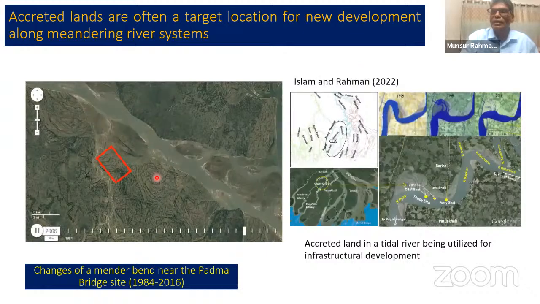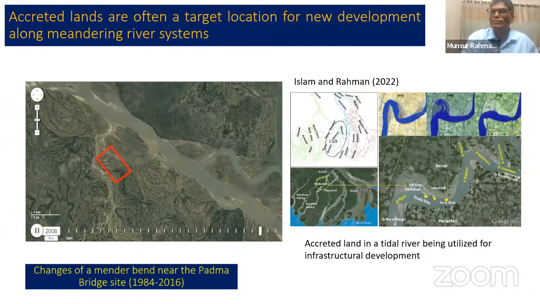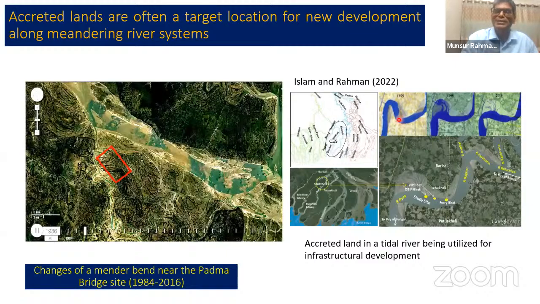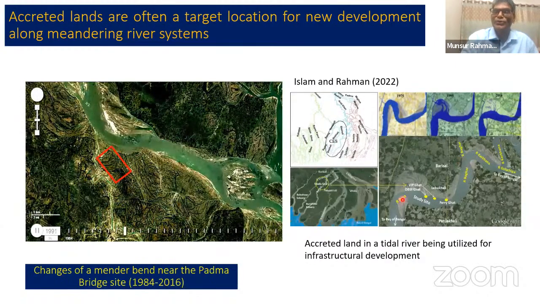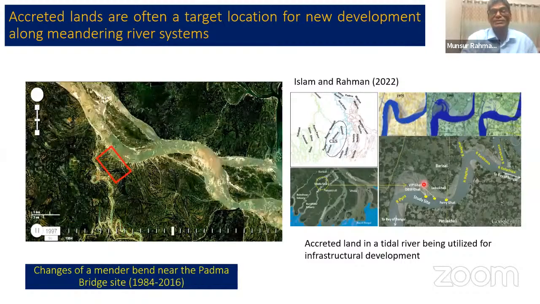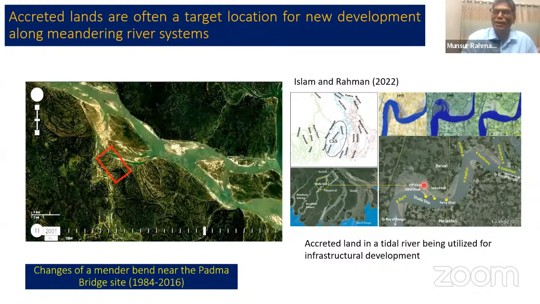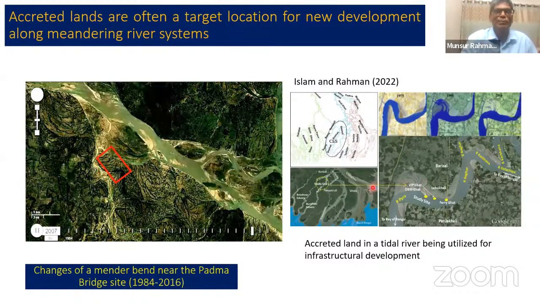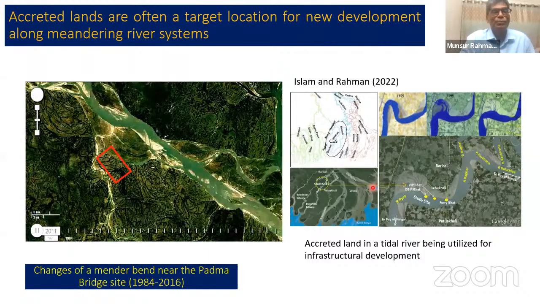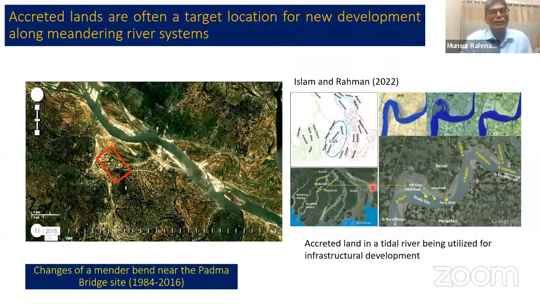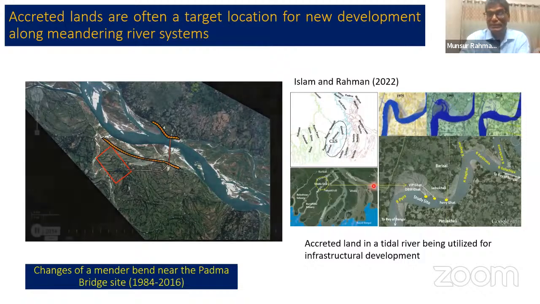And in terms of the tidal river system, we are always focusing on whether, if some new land is gained, we are going to construct some kind of infrastructure. This is the information about the development work along the meandering river system, which is relatively stable.